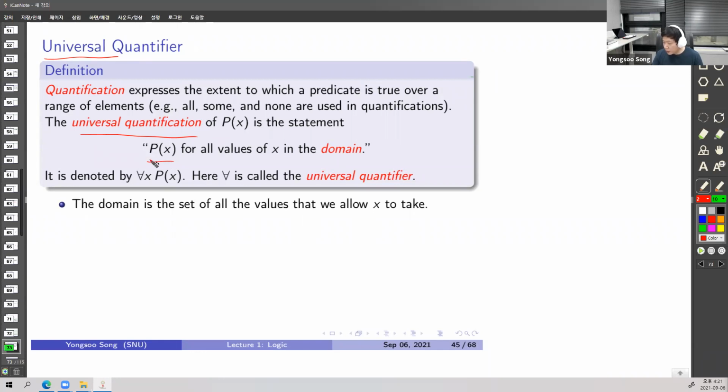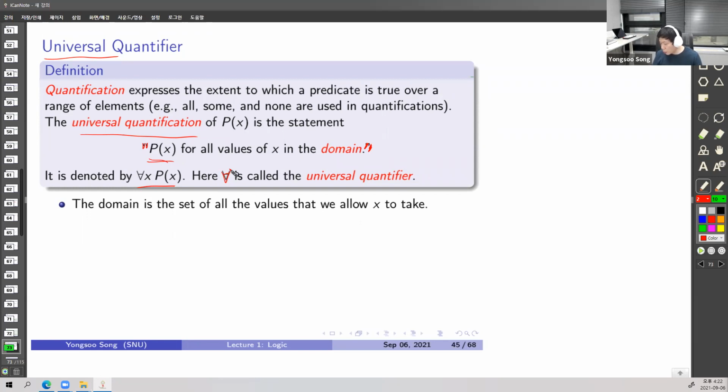P(x) was not a proposition, but this whole statement can be a proposition, which is denoted by this symbol. We usually read it as "for all," and this symbol is called a universal quantifier.